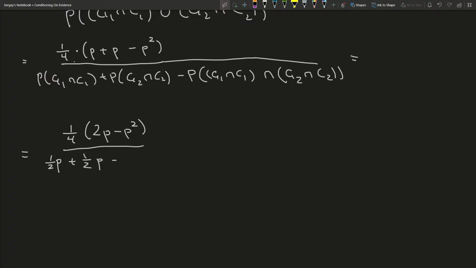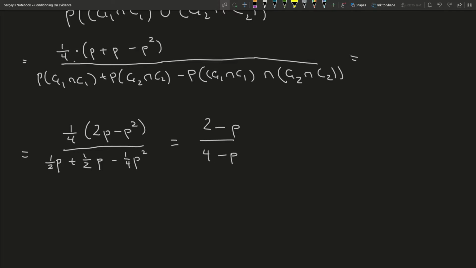So we can just write this as a product of individual probabilities. So both are girls, that's 1/4, and both have the characteristic C, that's p squared. Now, simplifying this expression here, we get 2 minus p over 4 minus p.